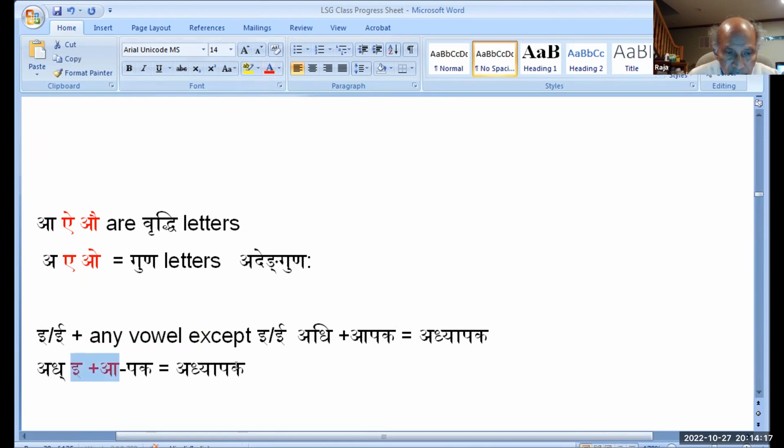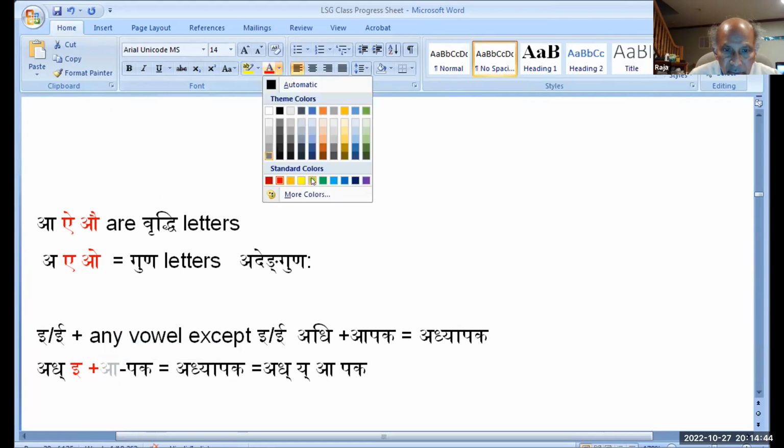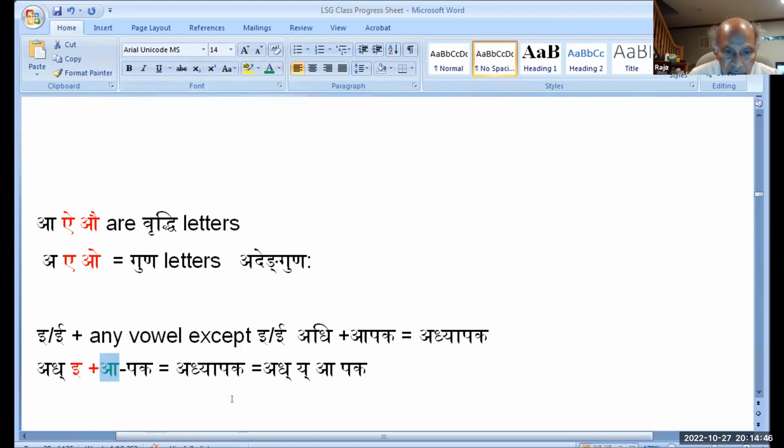On this side, what results is A, Dha, Ya, Apaka. When long A is added to E, which is the base, E got replaced, let me put a different color. E got replaced with Ya.